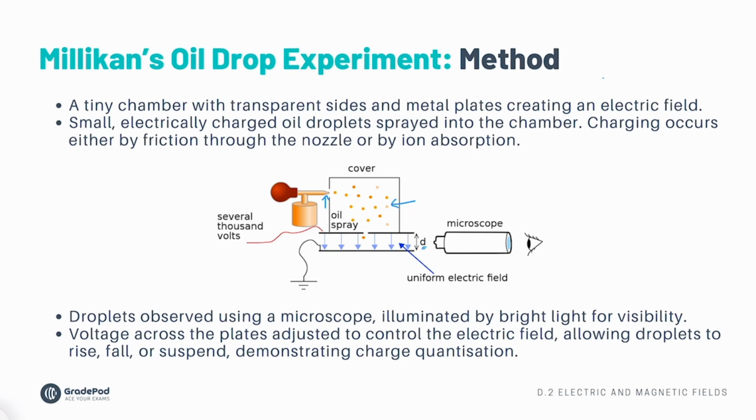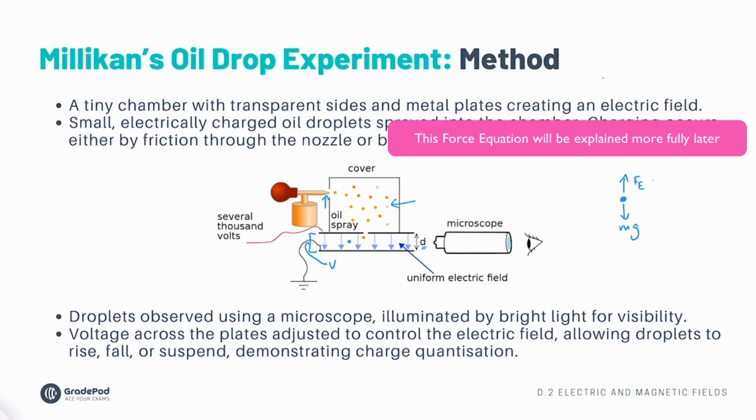Each oil drop enters this tiny chamber, and what Millikan does is he varies the voltage. And what he wants to do is he wants to get one of these little oil drops and he wants it to be perfectly still. And by perfectly still, I'm just going to draw it over here, it means that he wants to balance the weight of the oil drop with the upward electrical force on the oil drop.